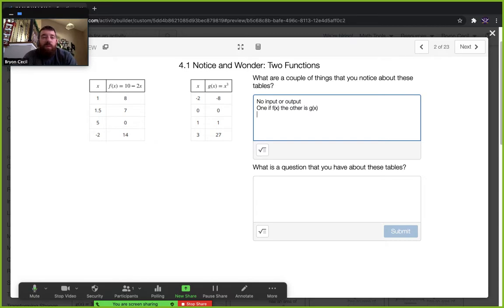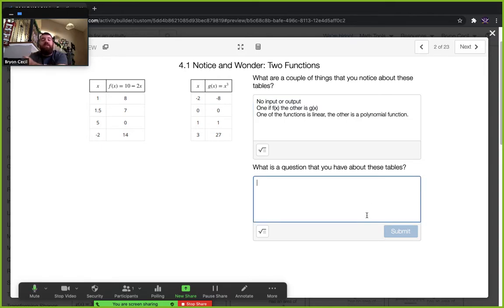We could even say that f of x is linear, but the other, x cubed, is a polynomial function.